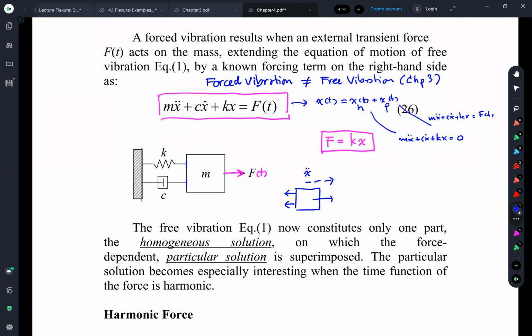By using this superposition there is no problem, right? If you put the plus sign here and add x sub h and x sub p from this equation and that equation, the summation becomes something like this, still equal to f of t, no problem.